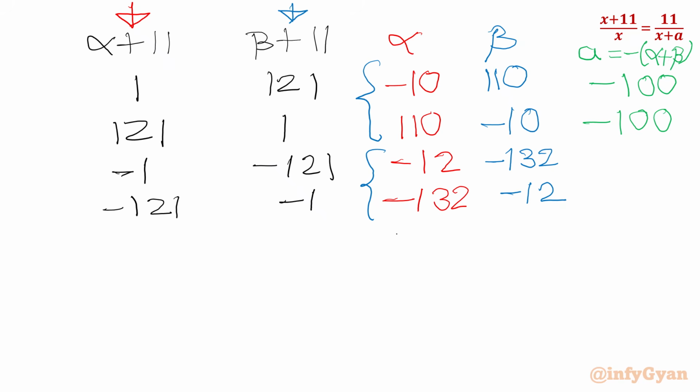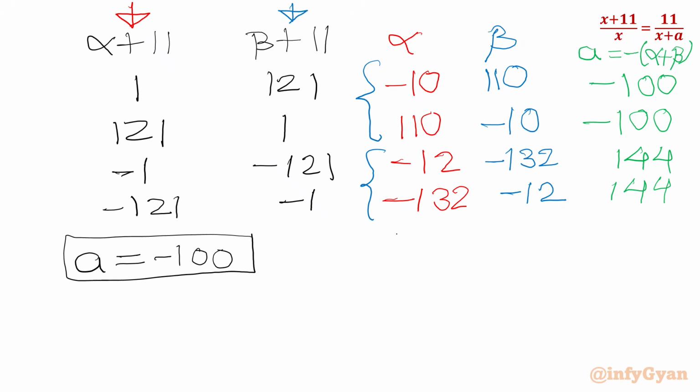Minus 12 minus 132 is minus 144, put minus sign, so plus 144. Same result we'll get from here. So we have two real a values. A equal to minus 100, and second value of a is a equal to 144.